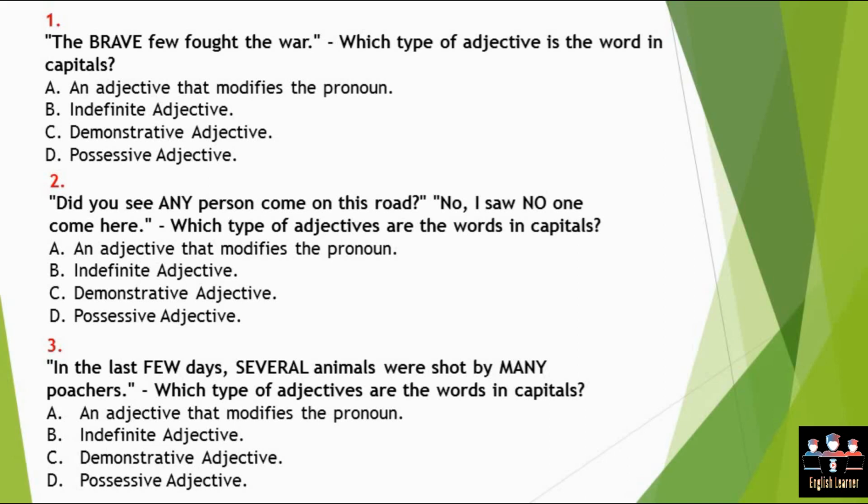Number 3. In the last few days, several animals were shot by many poachers. Which type of adjectives are the words in capitals? A. An adjective that modifies the pronoun. B. Indefinite adjective. C. Demonstrative adjective. D. Possessive adjective.